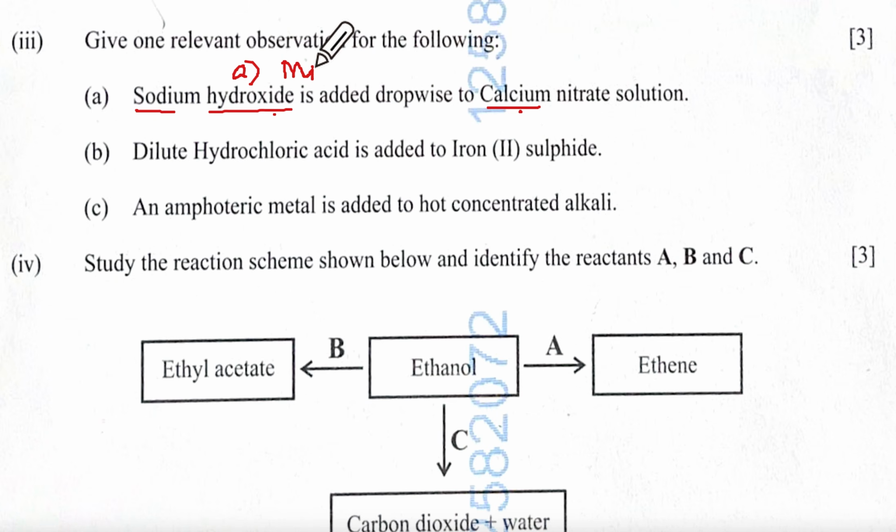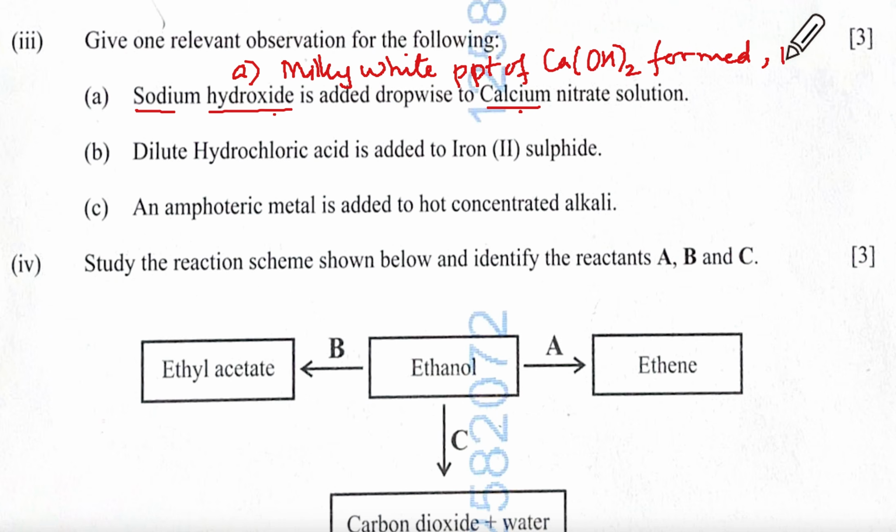So your observation will be milky white precipitate of Ca(OH)2 is formed, which is insoluble in excess NaOH solution. Underline the keyword insoluble.